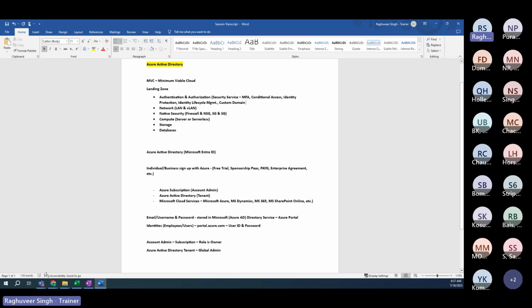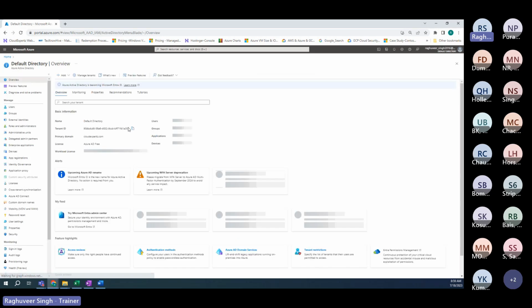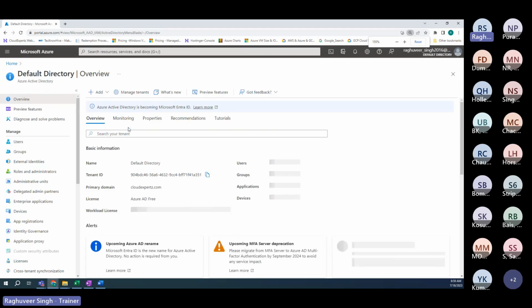So let me show the same from the portal, so that it would make more sense to you. Since I'm the account admin, the entire authentication and authorization happened at Microsoft Global Directory, and it allowed me to log in. However, if there is an identity that belongs to my Active Directory, now this is my Azure Active Directory tenant that I have, which Microsoft has provided me.